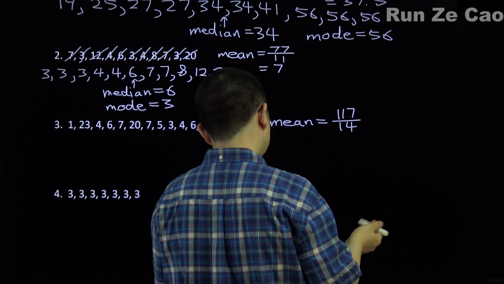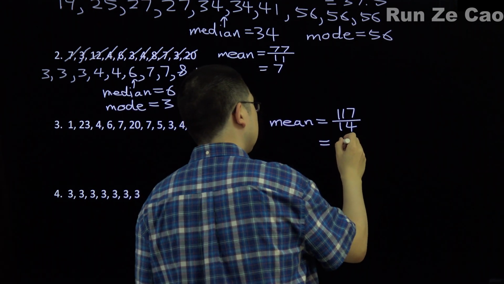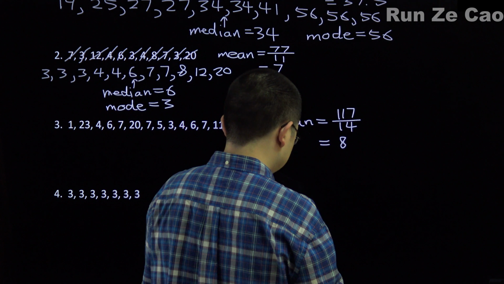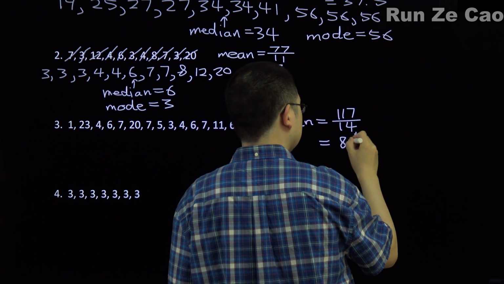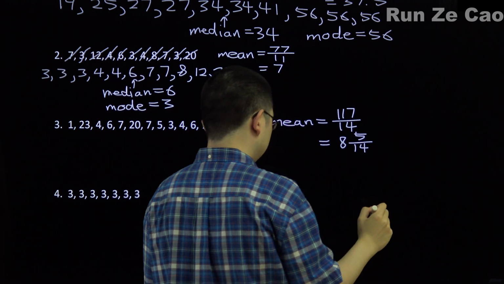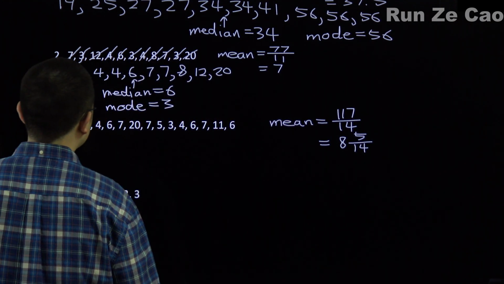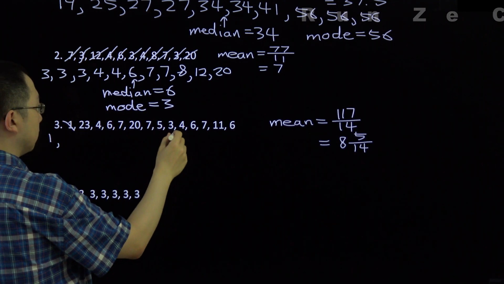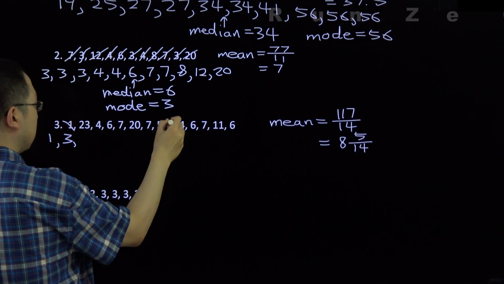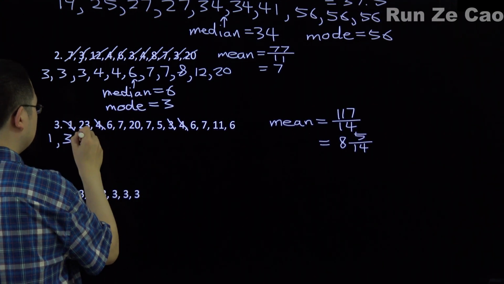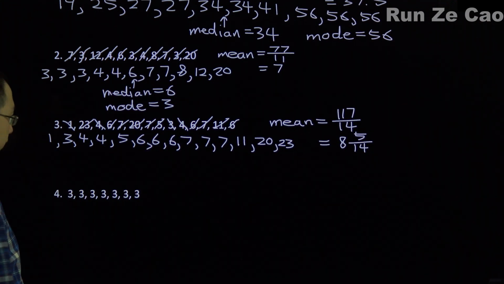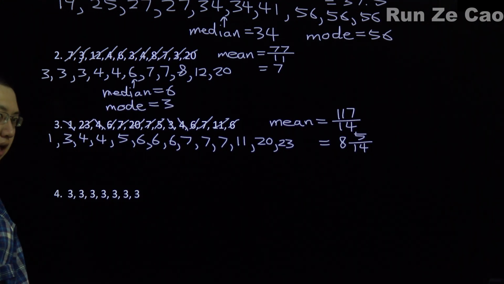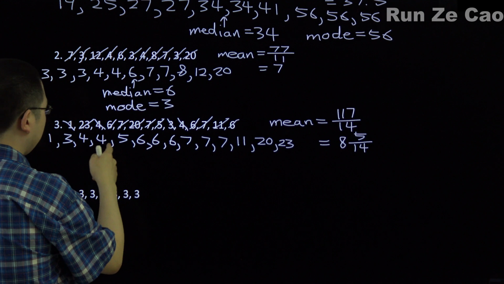So this is, of course, not a whole number. It's 8, and then 14 times 8 is 112, so 5 over 14 is left. Okay, so let's rewrite this to find the median. We got 1, 2, 3, 4, and 4. Out of these 14 numbers, the median is going to be the average of the 7th and 8th. 1, 2, 3, 4, 5, 6, 7.